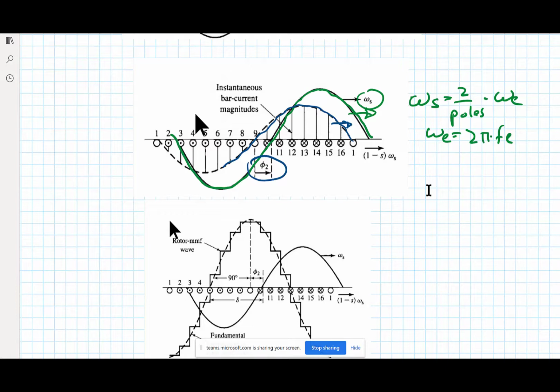So you remember that in the DC machine, this is the field MMF here, and we could get maximum torque per ampere if we maintained a 90-degree relationship between these two, and this would be like a torque angle here, okay?